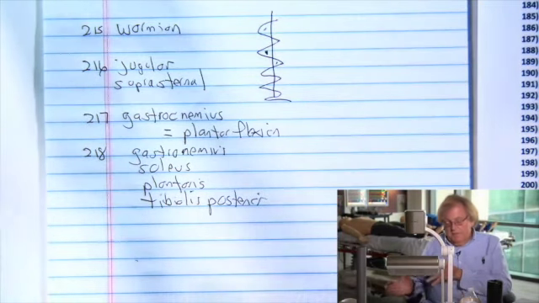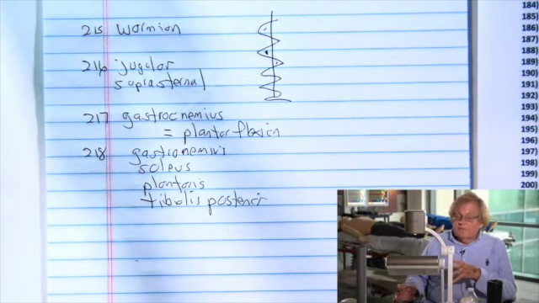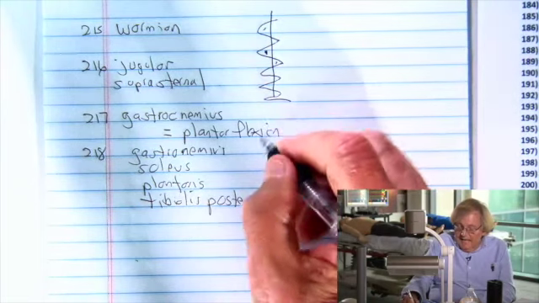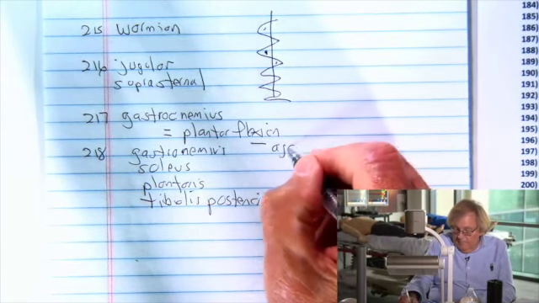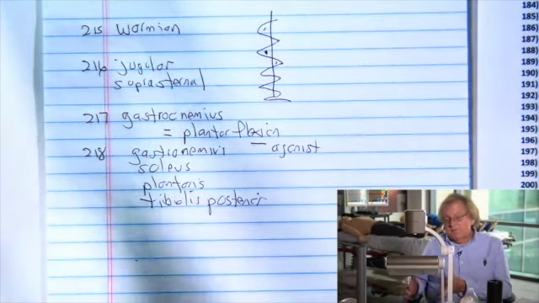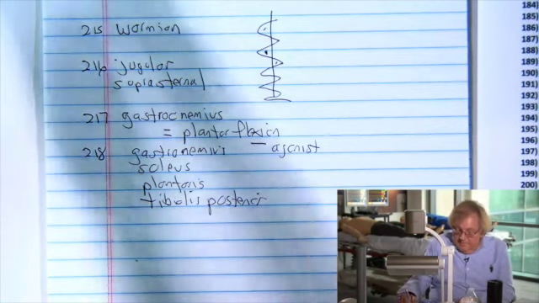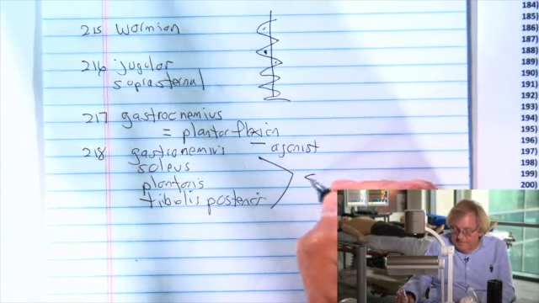So the main muscle for some type of action is called the agonist. But the muscles that assist those muscles are going to be the synergists.